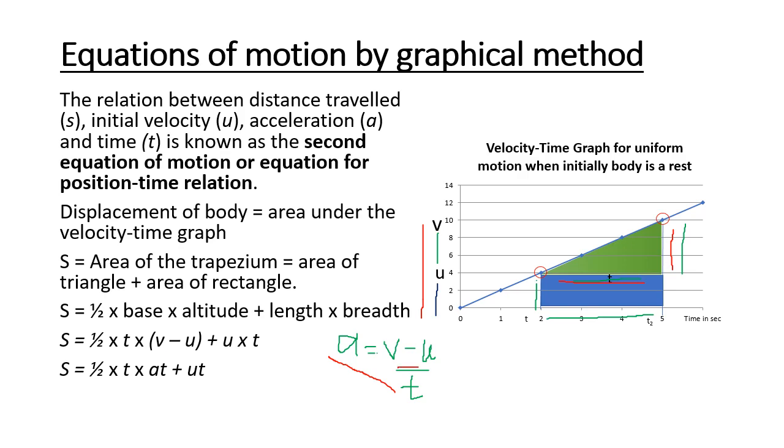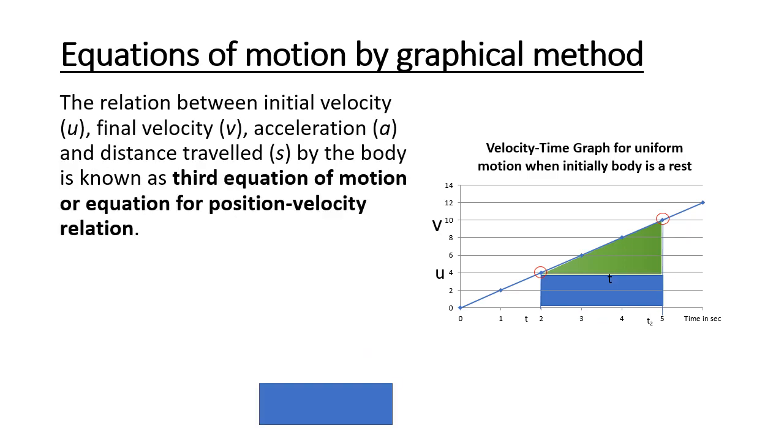So here V minus U is replaced by AT and U into T is UT. Further adding, we get S equal to UT. How? The UT is written first, UT plus half AT into T is AT square. So this is what we get. S is equal to UT plus half AT square.